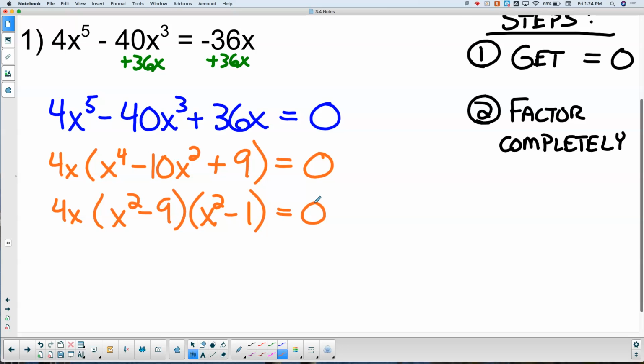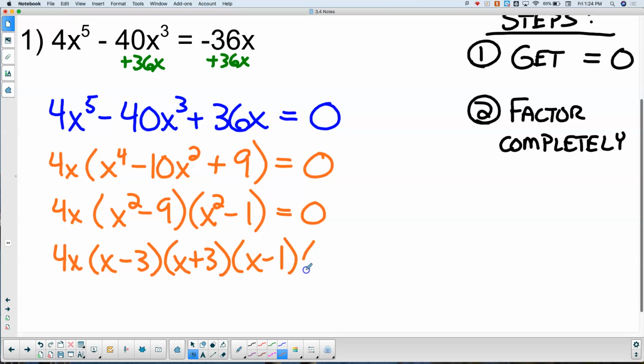Any of those perfect square minus perfect squares? Both of them are, right? So then this becomes 4x times x minus 3 times x plus 3 times x minus 1 times x plus 1.